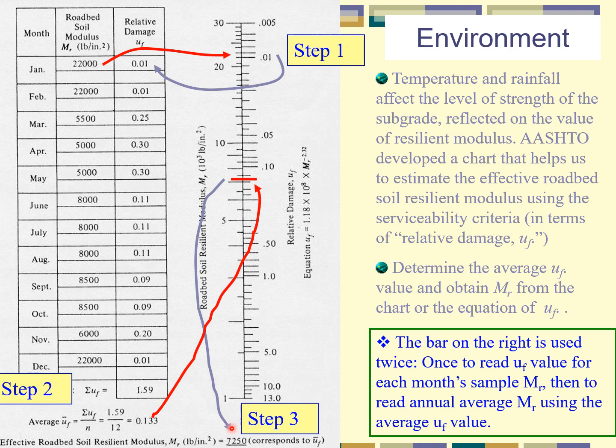So I will repeat, corresponding to this average relative damage we have got the resilient modulus value, and that is 7250. This is required, and this is the effective roadbed soil resilient modulus value that we have obtained from this bar.